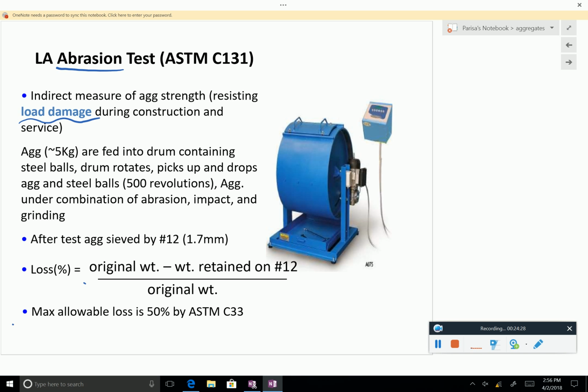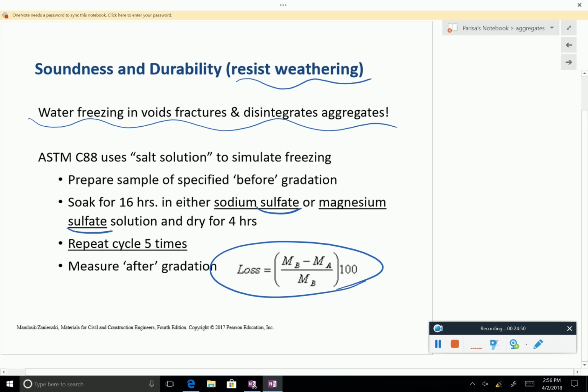And this is mass loss. And typically you don't want to have more than 50% loss. It doesn't matter that you know all the details, but you have to know what types of tests there are, what is the purpose of each, and have a general idea of each one of them. Not all the details, everything, no.